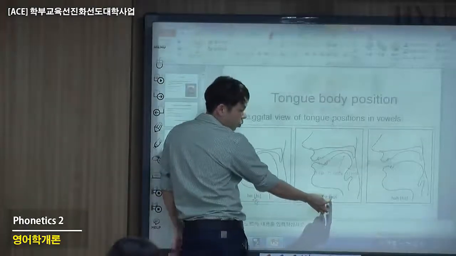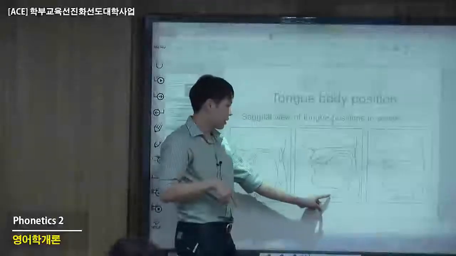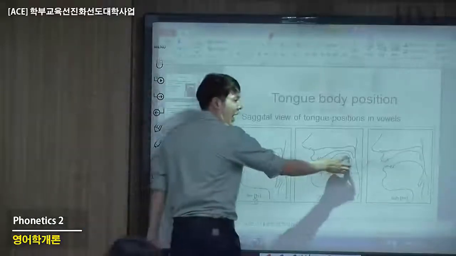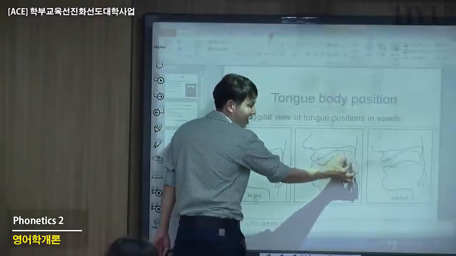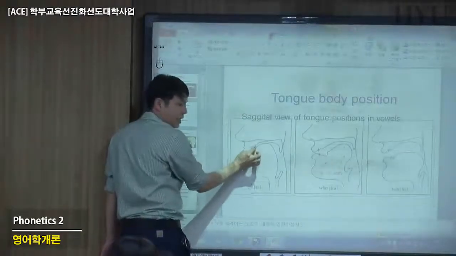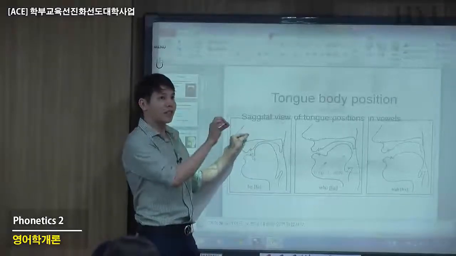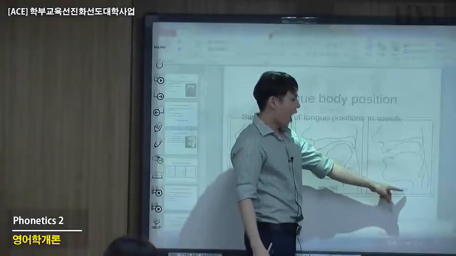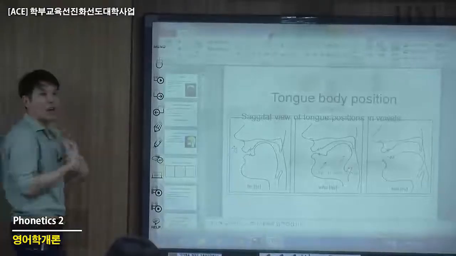Whereas when you do the oo, as in who, represented by this symbol u, the tongue is also high, but it's the back part of the tongue. So the back part of the tongue is high, but for this one, the front part of the tongue is high. You can see the difference. He, so it's front and high. Who, back and high. And ha, so this is low, right? Back part of the tongue and low.